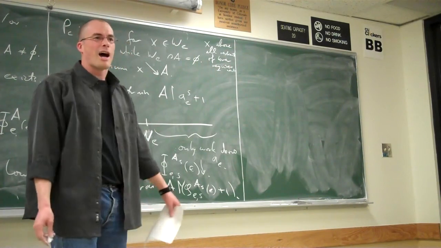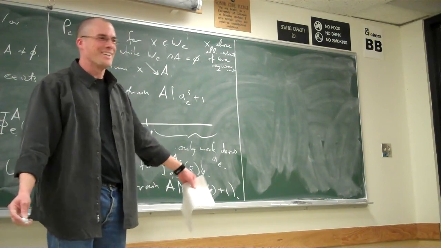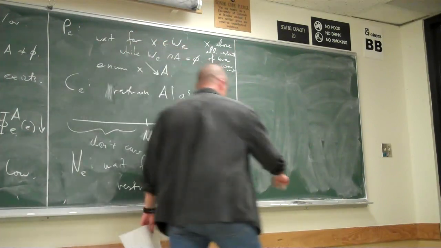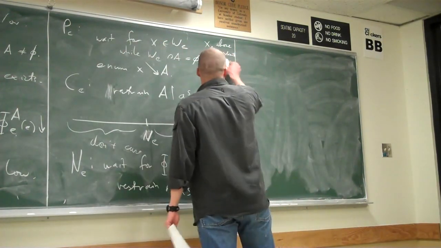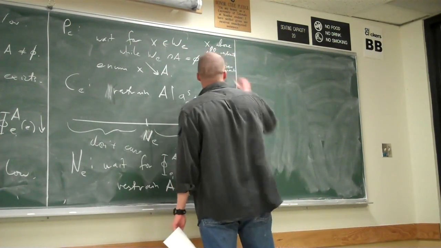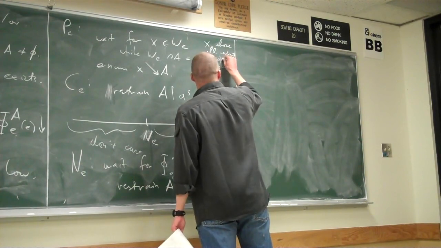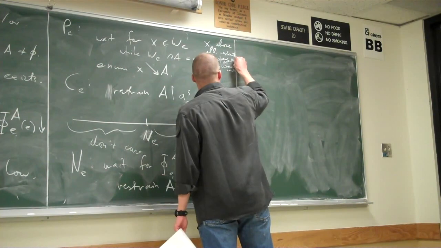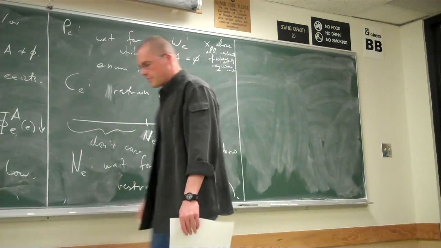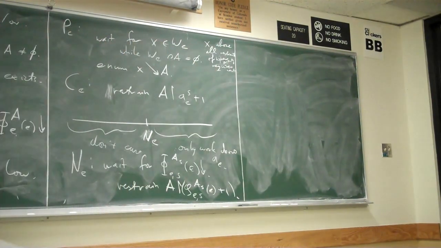Higher priority, lower index. Let's just say higher priority. But the lower index requirements are the higher priority requirements. Plus P is bigger than C is bigger than N.